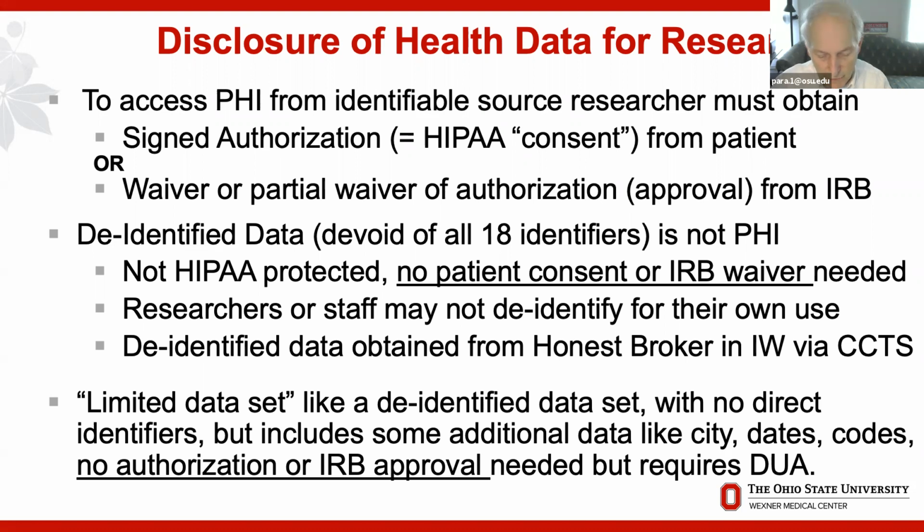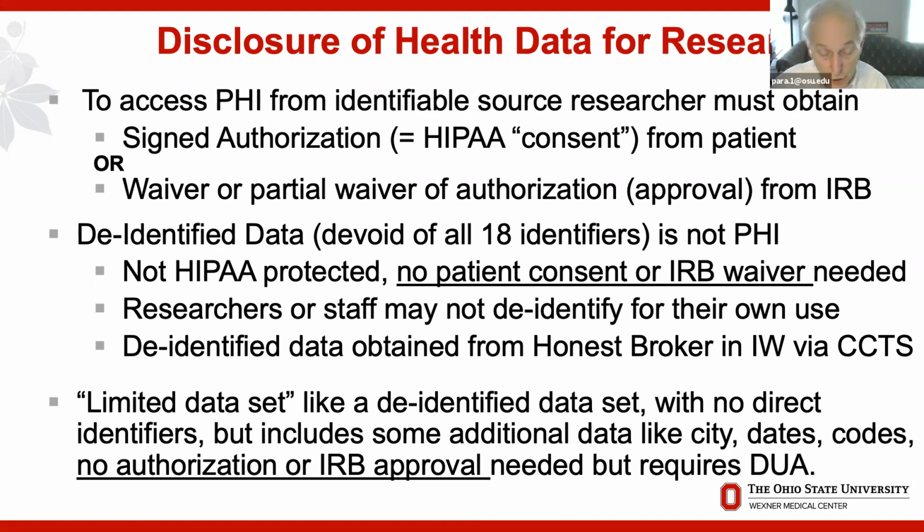you want to study everybody with X disease, and you say, give me a limited data set. Well, they'll have dates in there, which is useful, and maybe zip codes. But you ask the honest broker to code it. That means that the next day when you're looking at it, you go, nuts, I didn't get serum creatinine.